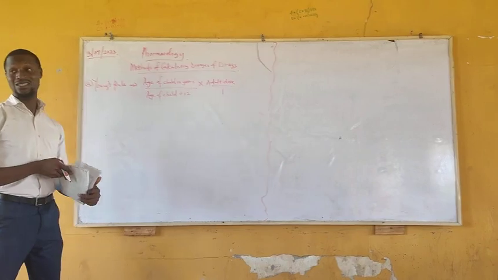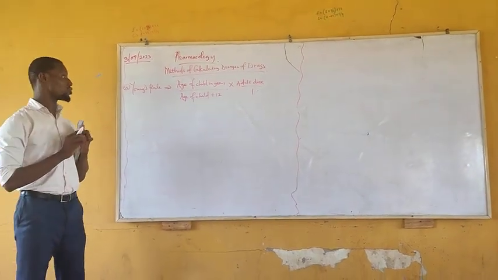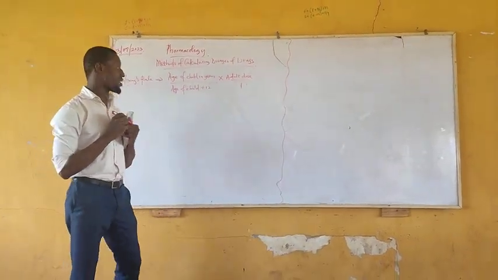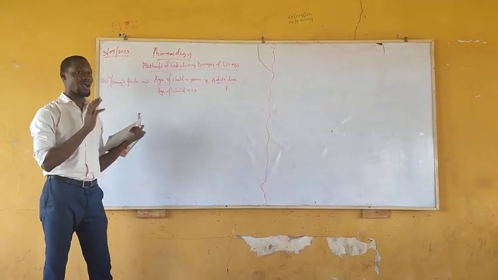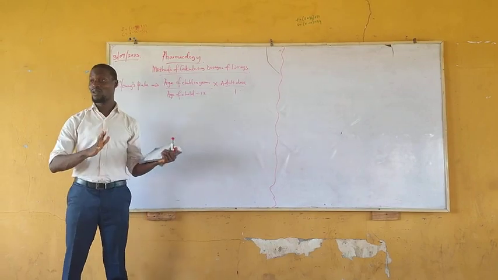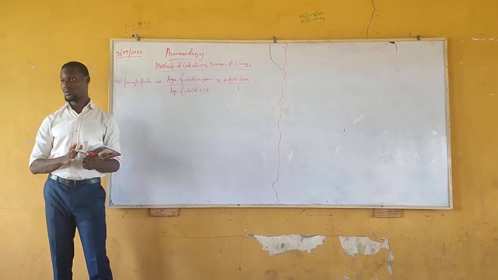So this is the first one we did, Young's rule. We can only use this calculation to calculate the dose for a child below 12 years old, right?